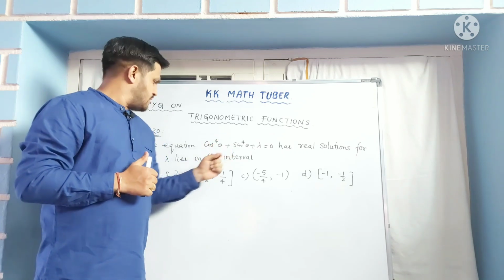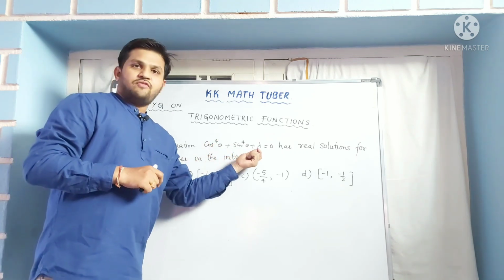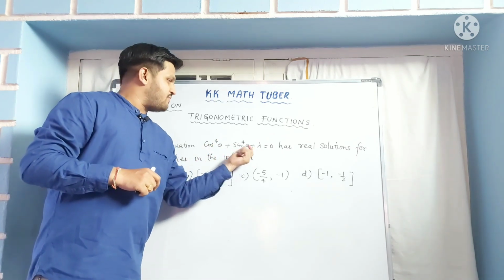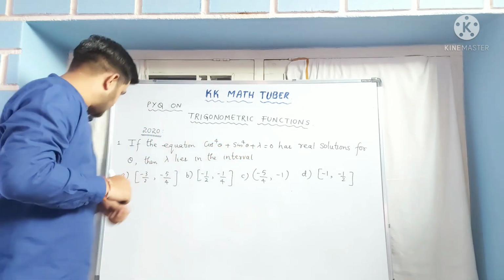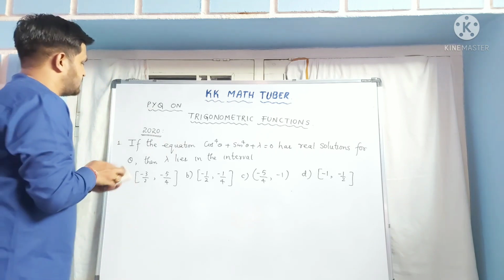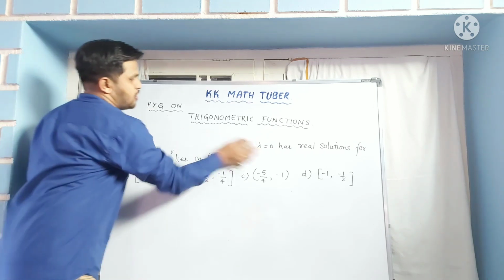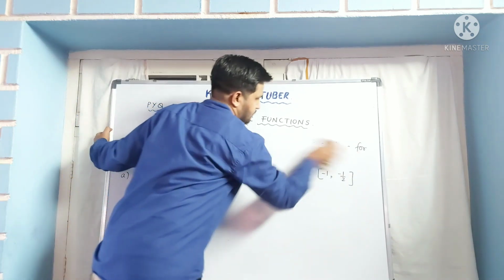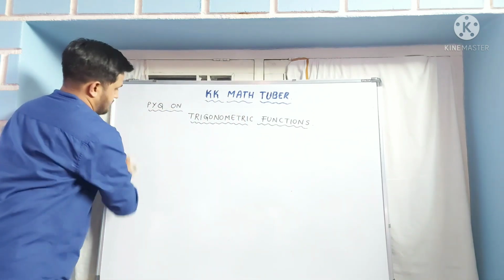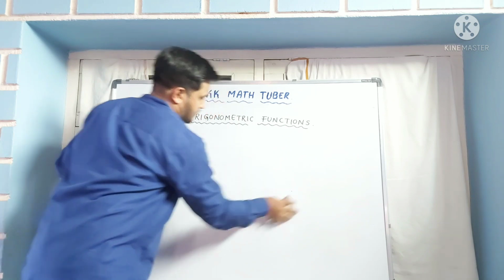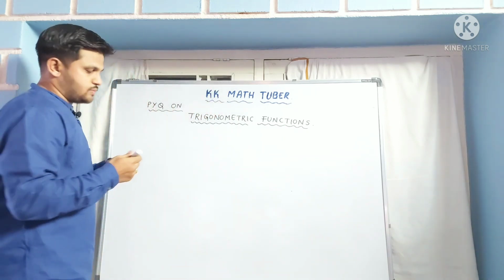To find out where lambda lies, we need to simplify this expression. How do we simplify it? Let's understand it. So write down the equation: cos theta whole power 4 plus sin theta whole power 4 plus lambda is equal to 0.